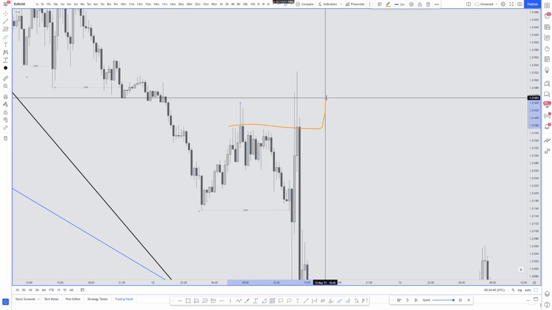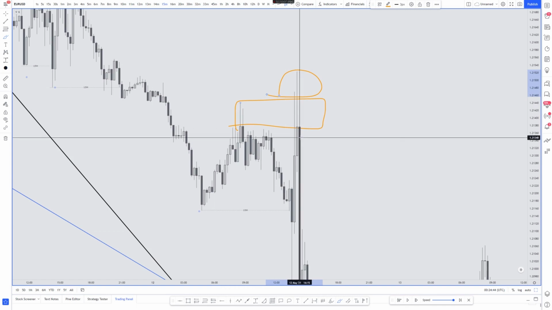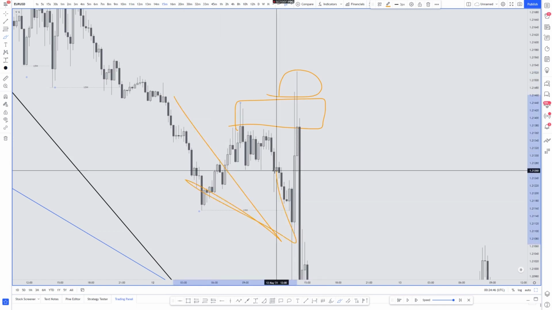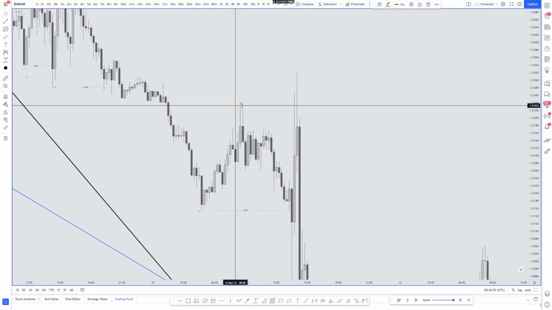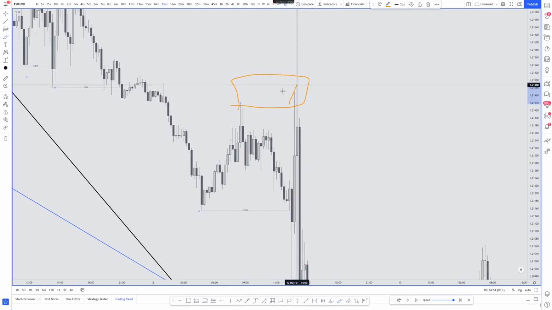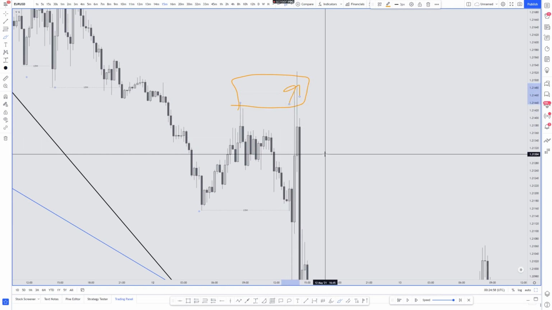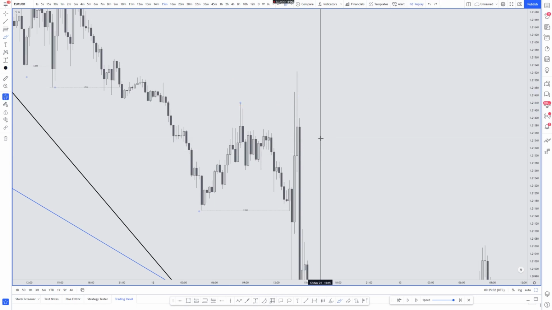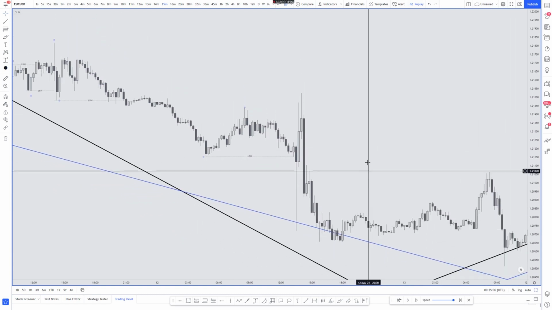So here we wick above the 15-minute, but there's no body close, which told us to keep on shorting. Whereas if you find this area on the 5-minute, there is a body close above this, and right away you're just like, oh, well, the body closed above it, we better start looking at taking longs. So it can get very confusing. 15 keeps us on the right side of things more often than not.